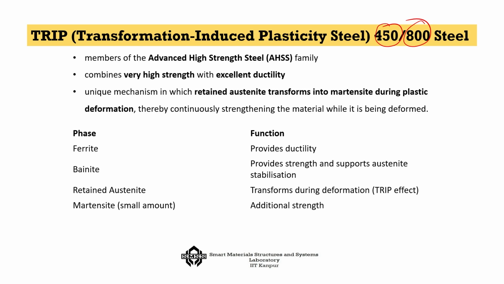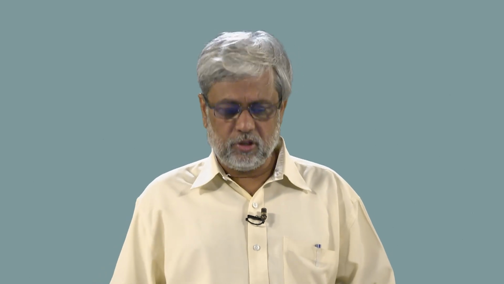Now, TRIP is different from the dual phase because it contains a mechanism of retained austenite transformation into martensite during plastic deformation. As a result, it actually improves its strength during the process of work hardening. That is the good part of this type of steel.